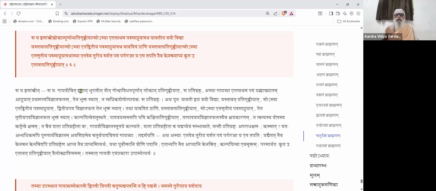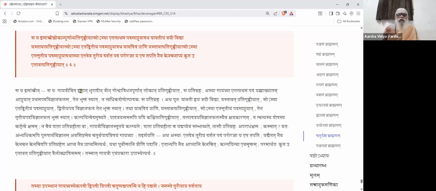Means whoever is giving you that will get your punya of the results of the upasana on the second pada. So dvitiya pada vijnana phalam tena bhuktam syat. Your upasana phala on the second pada will be exhausted, used up, or it will offset it.